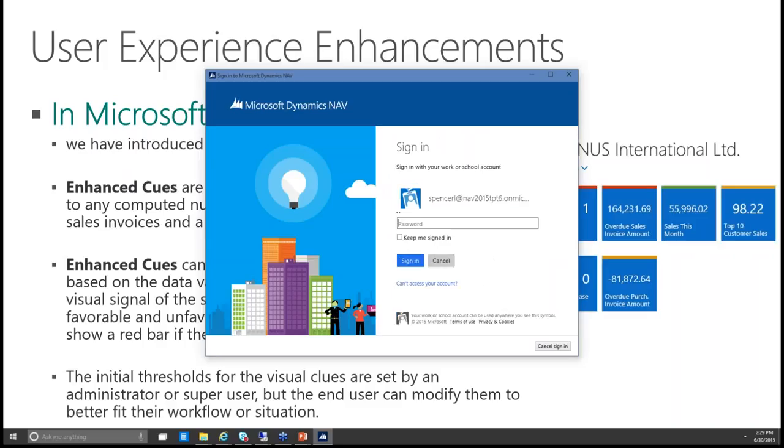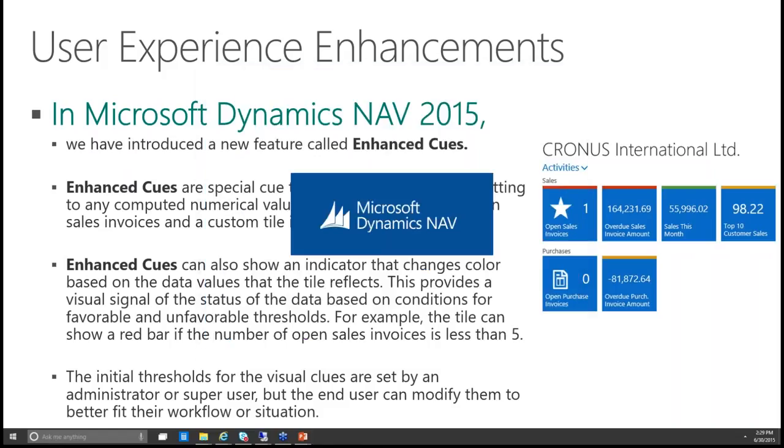So I'm going to log in here as my Office 365 user, and it's going to launch my Windows client that you're very familiar with if you're on NAV 2009 and above. It's the Role Center client. And once this appears, you'll see that this Role Center has been set up with activity queues as shown in the PowerPoint, and you can also set up additional queues on additional Role Centers.